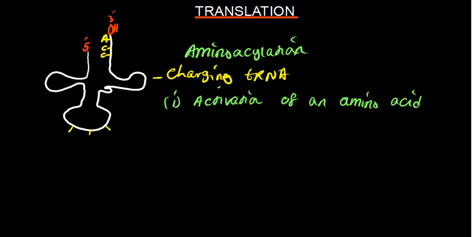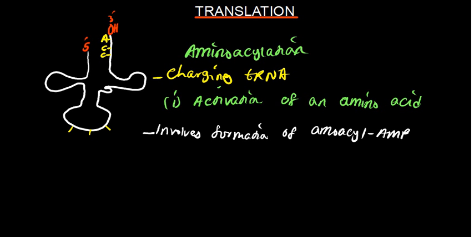So the activation of amino acids involves the formation of amino acyl AMP, or amino acyl adenosine. So we are saying that activation of amino acid, which is the first stage during the process of aminoacylation, involves the formation of amino acyl adenosine or amino acyl AMP.